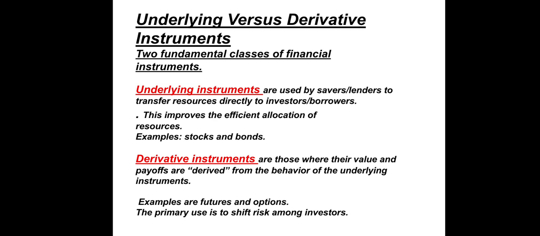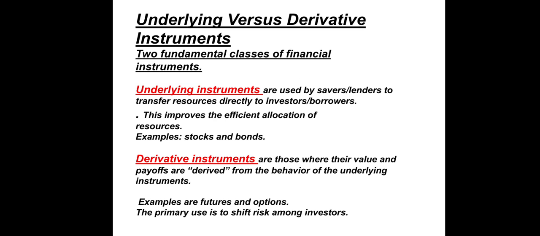Next, there are two classifications of financial instruments, that is underlying instruments and derivative instruments. So first we'll see what is an underlying instrument. Underlying instruments are used by savers and lenders to transfer resources directly to investors and borrowers.